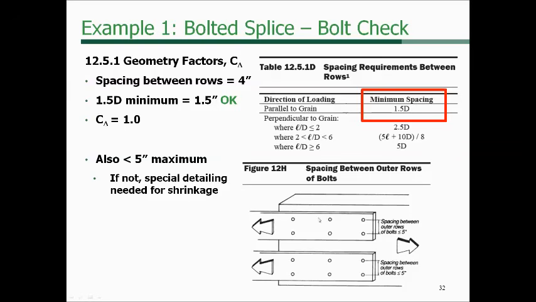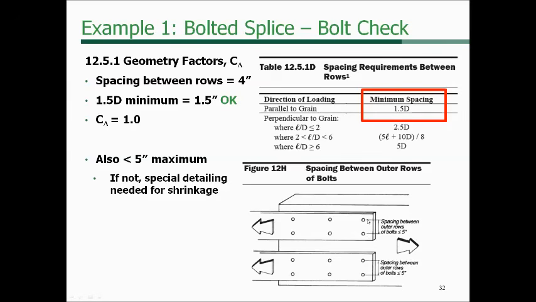And we can see here in this drawing, figure 12H, the note that says spacing between outer rows of bolts. So if we had a third row down the middle of these two, it would still be those outer rows of bolts.